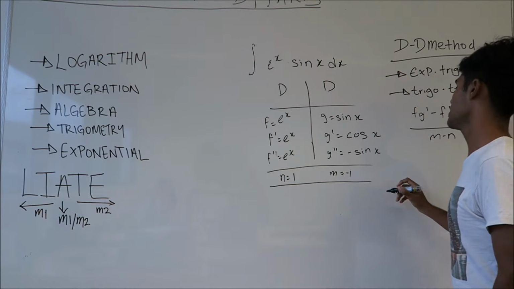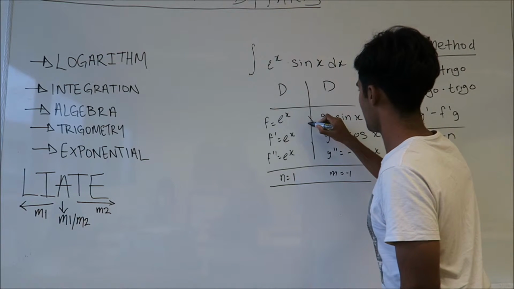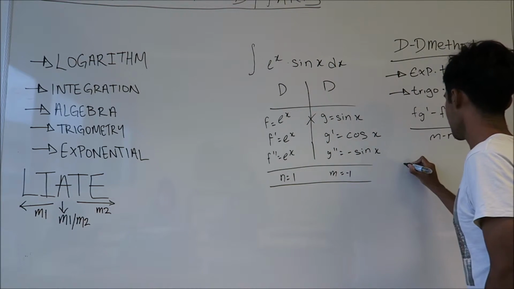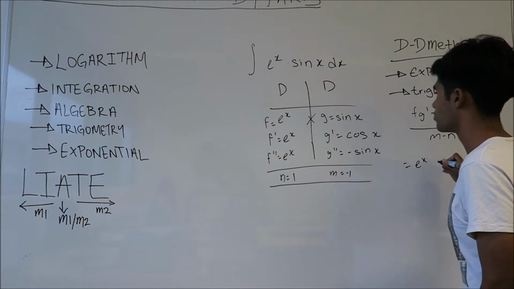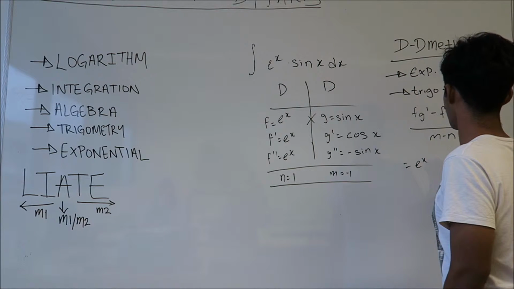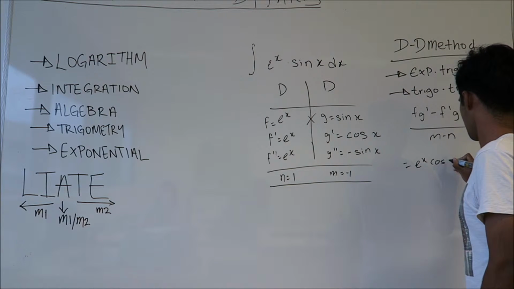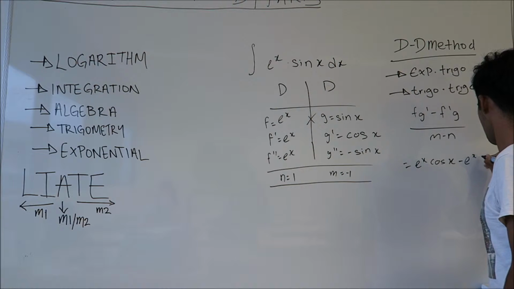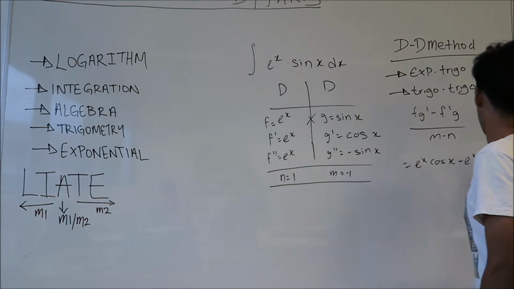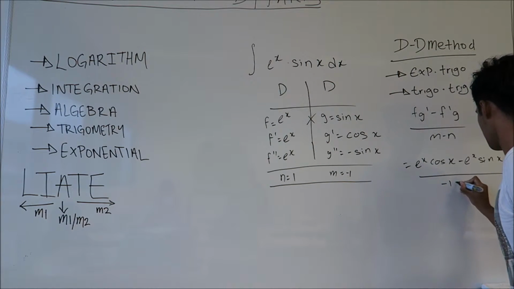So, when we have all this information in front of us, we can then proceed to substitute, and we will end up with e^x times cosine x minus e^x times sine x over minus 1 minus 1.